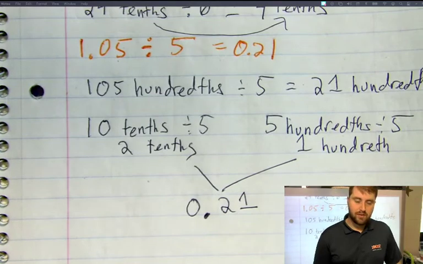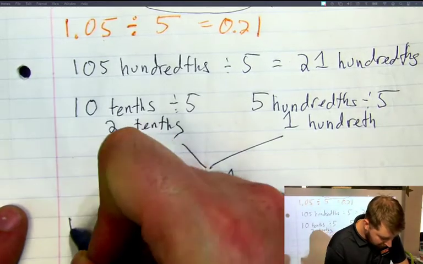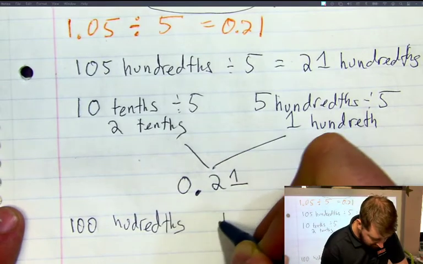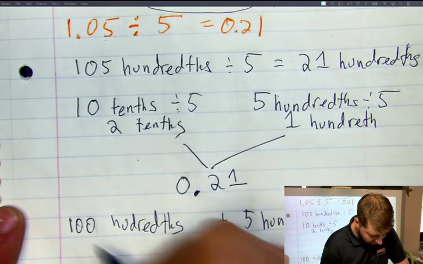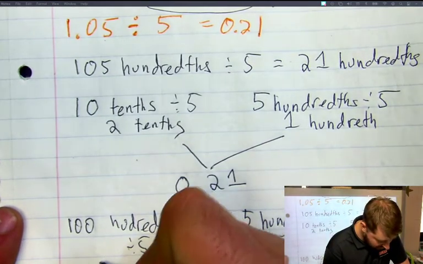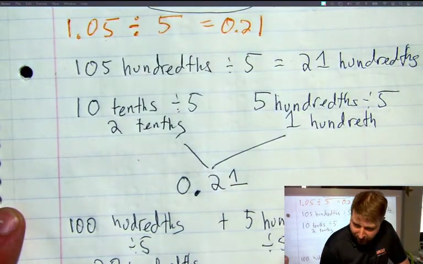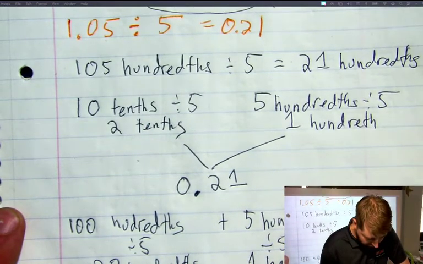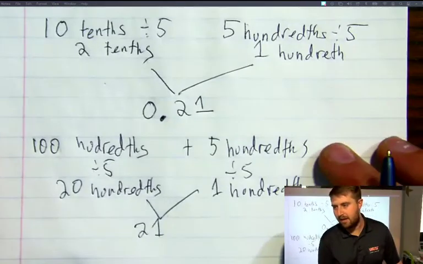You could also, if you wanted to, decompose it into 100 hundredths plus 5 hundredths. 100 divided by 5 is 20 hundredths. 5 divided by 5 is 1.